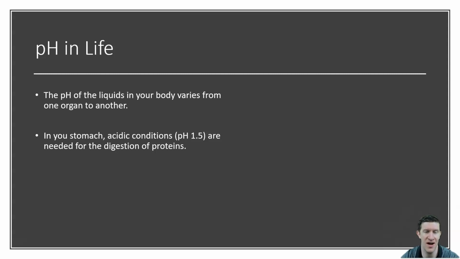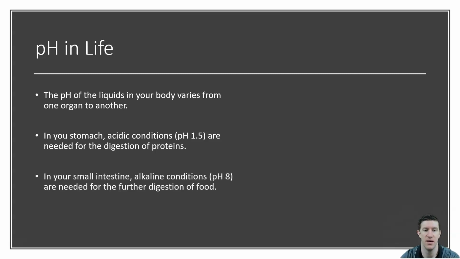So the mucus in your stomach lining is specifically designed to protect the rest of your body from the acid inside your stomach. In your small intestine, for example, the alkaline conditions are about a pH 8, so they're slightly basic. And again, that's needed to digest the food that travels through your small intestine.